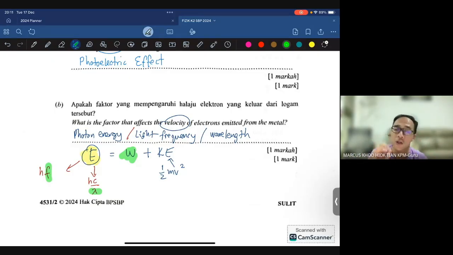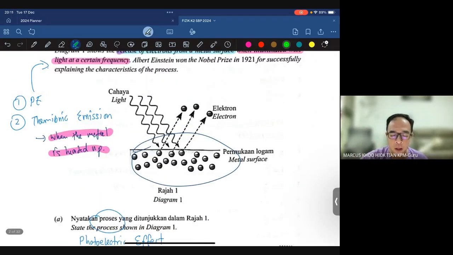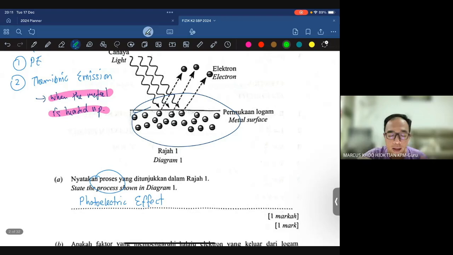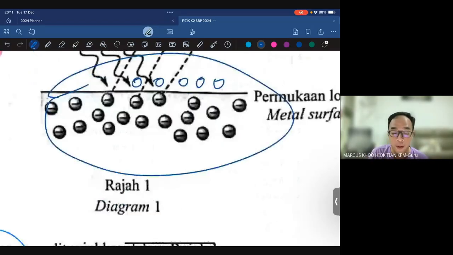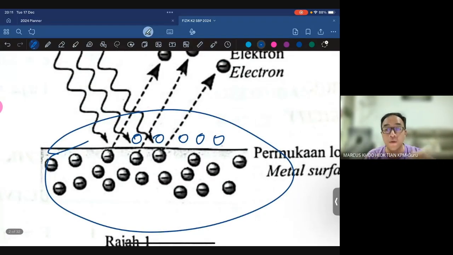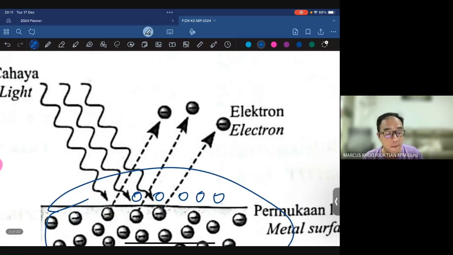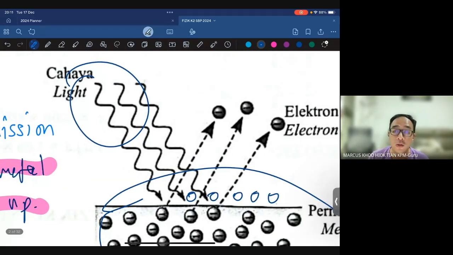So the remaining energy, the balance energy, is used to move the electrons, because when the electrons are released, bila dia terbebas, it needs energy to move. Where does the energy come from? From the balance energy, the baki tenaga daripada cahaya itu. After it is released, the balance energy is what moves the electron.